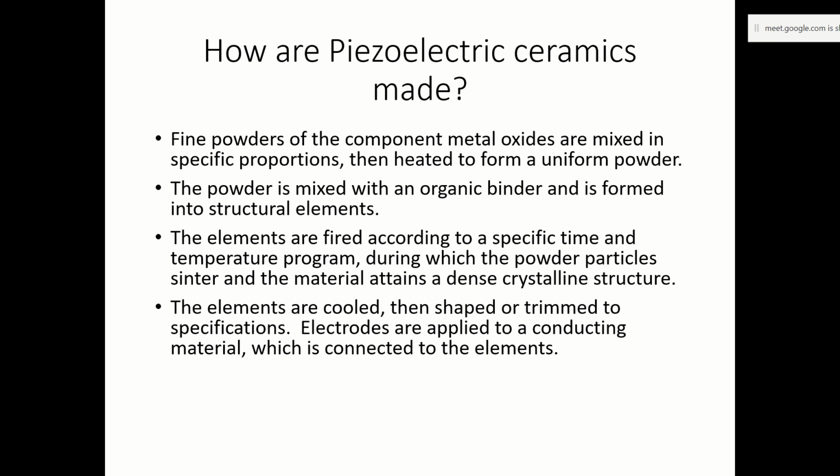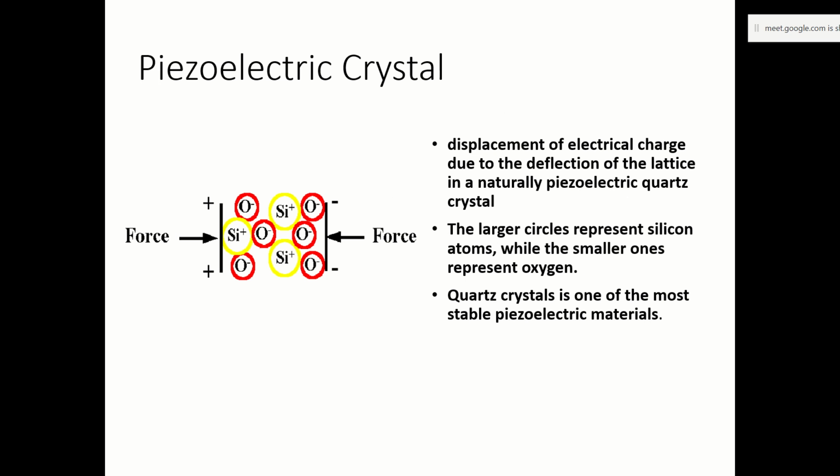We are not going into how they are made. Typically, in a piezoelectric crystal, when you apply force, one surface will generate plus and another surface will generate minus. So you see the charges, O minus, O minus. You have an excess of oxide on one side and Si on the other side that is touching the surface.